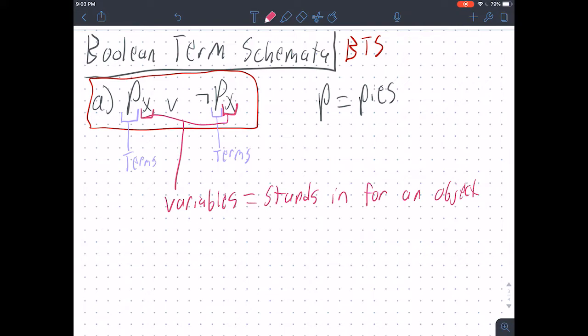And an object, so if terms represent groups of things, objects represent specific things.